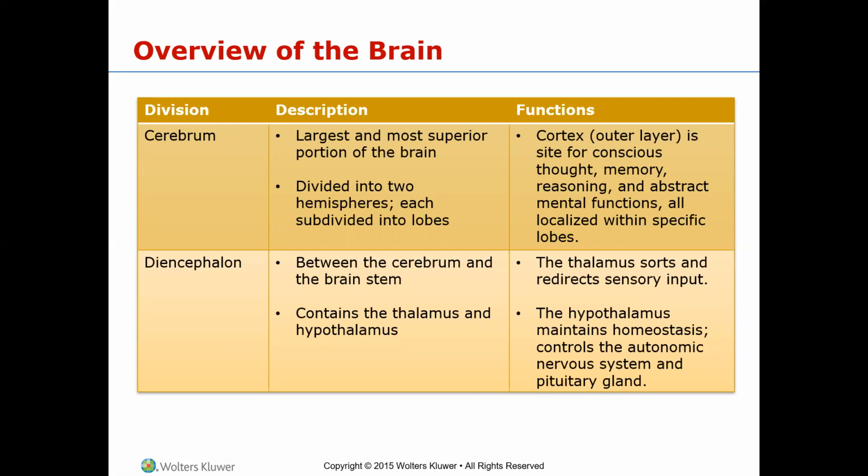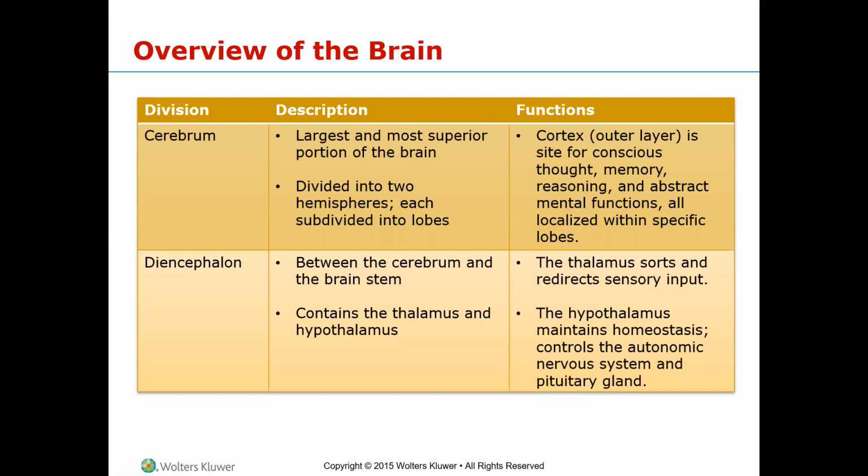The cerebrum itself has an outer layer of gray matter that's called the cortex. It's a site for your conscious thought, your memory, your reasoning, and any abstract mental functions. And they're all found in each one of those lobes that we'll be discussing that are part of the cerebrum.